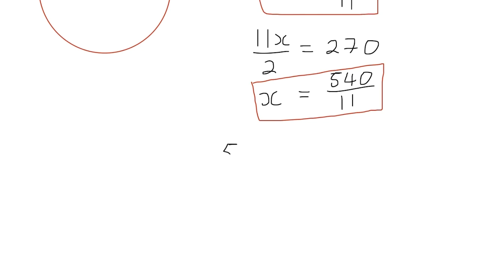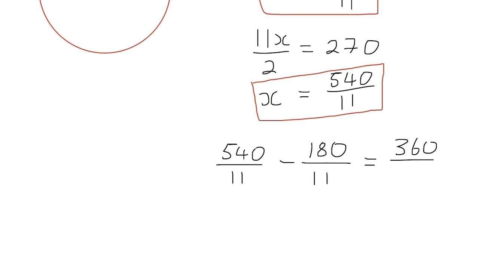We take 540 divided by 11, and we subtract 180 divided by 11. Okay, so 540 minus 180, so this will be 360 divided by 11. Okay, minutes. So these two times are 360 over 11 minutes apart.